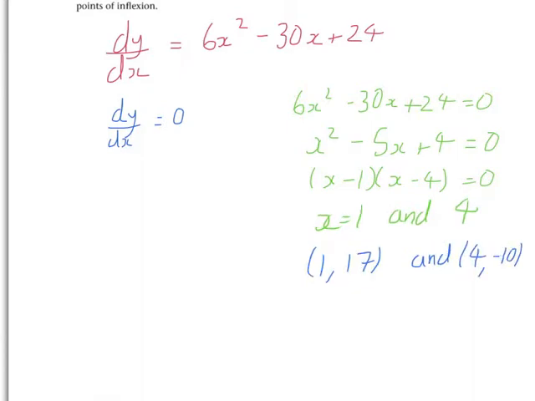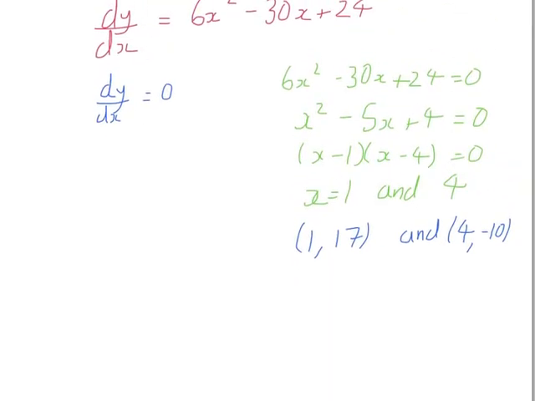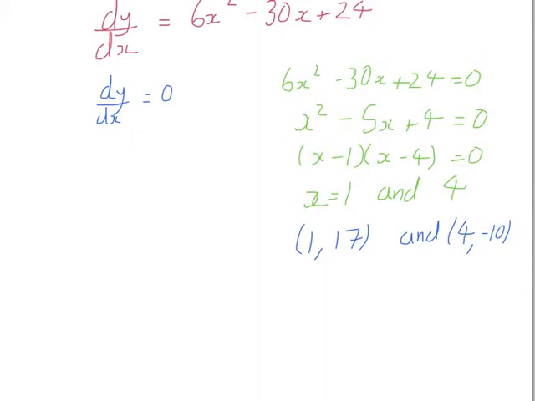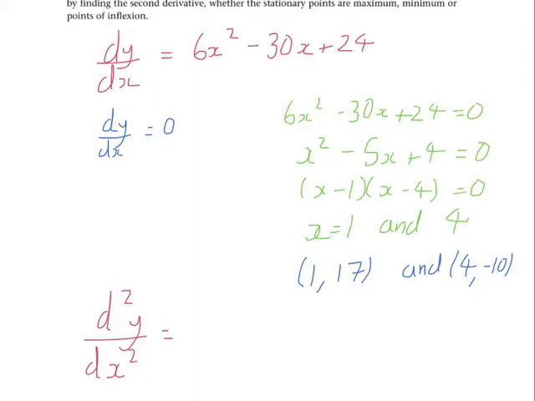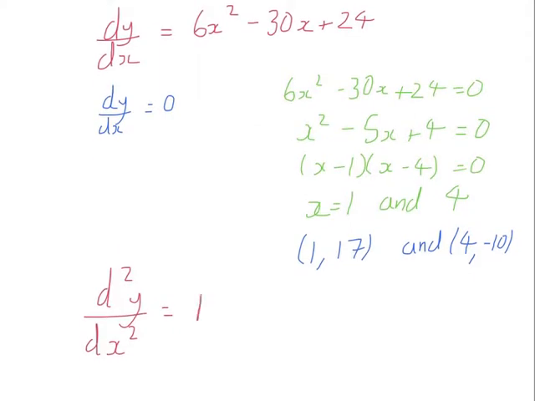Now we know that our two stationary points are at x equals 1 and x equals 4. We can now find the second derivative of our original dy by dx. So our second derivative, which we first covered in core 1, which is basically differentiating our dy by dx, we end up with 12x minus 30.